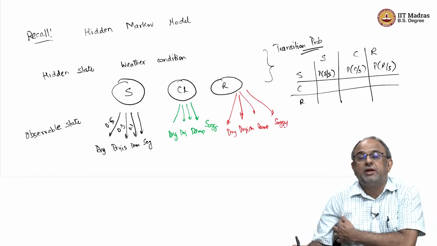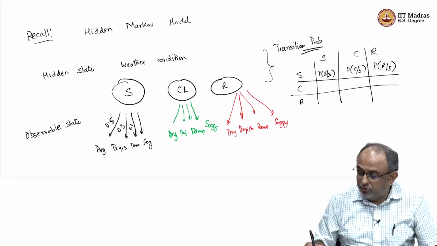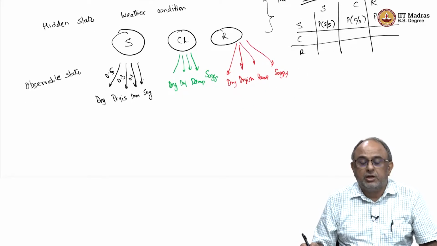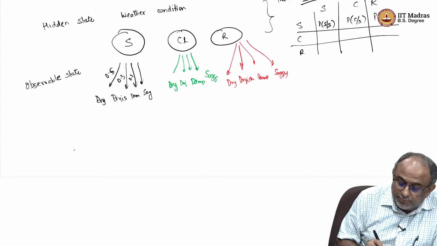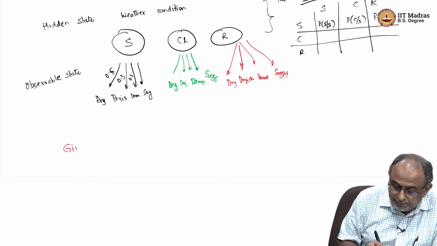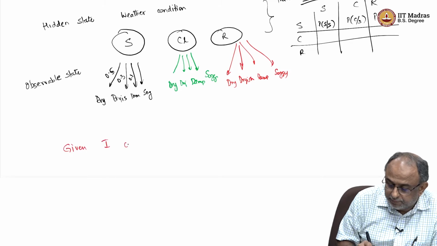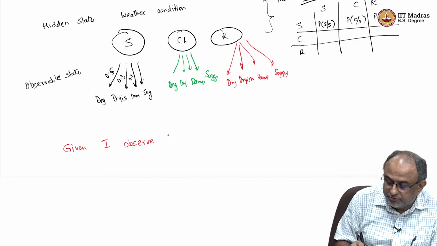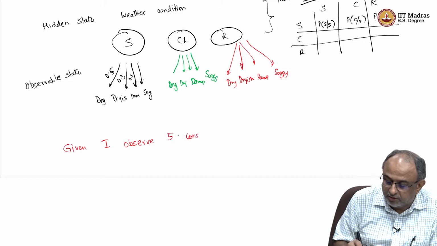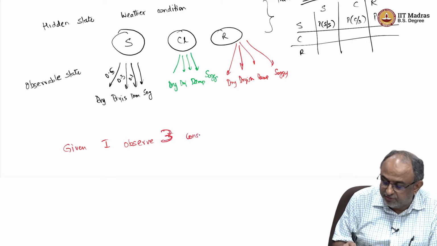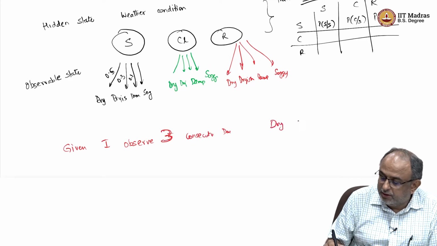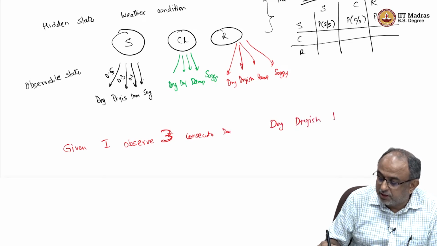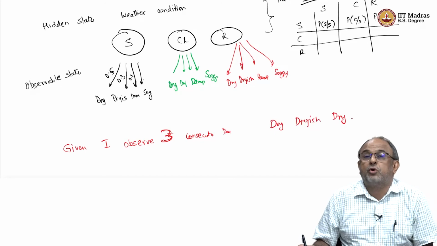And what was the basic problem? So, we were asked, given I observe, let us say, 5 consecutive days or 3 consecutive days, dry, dryish, dry. Okay.